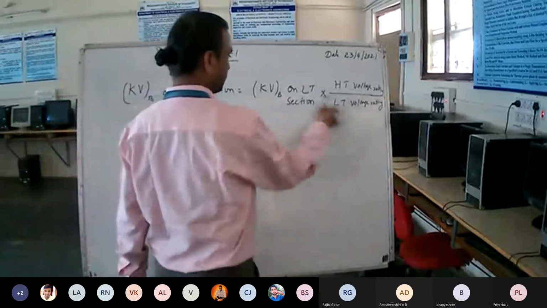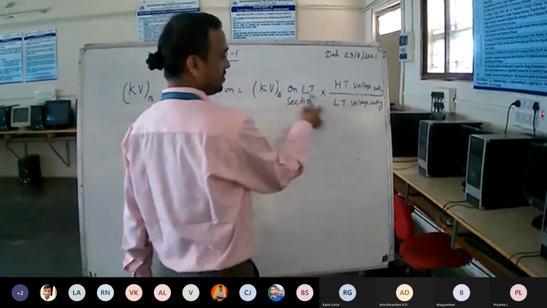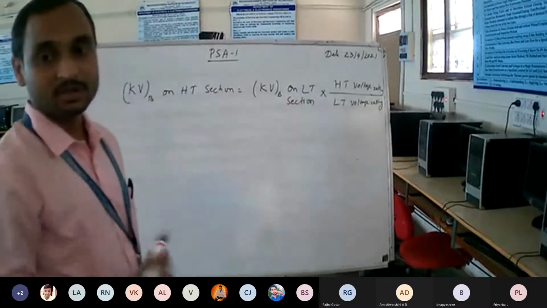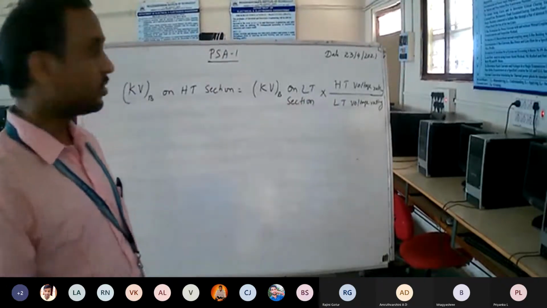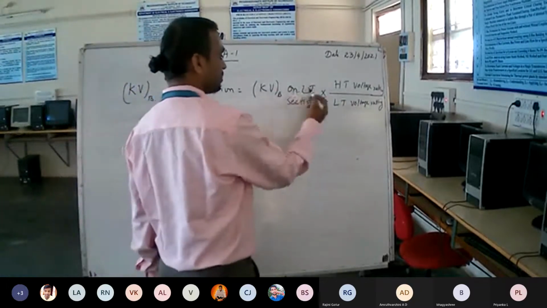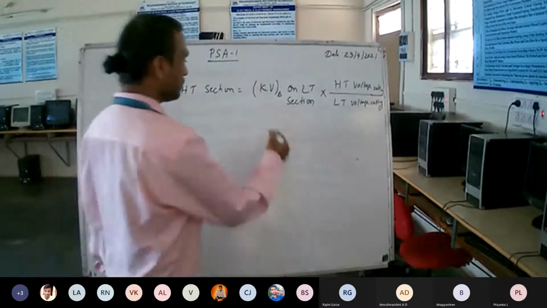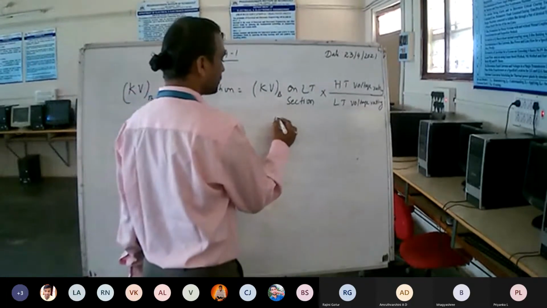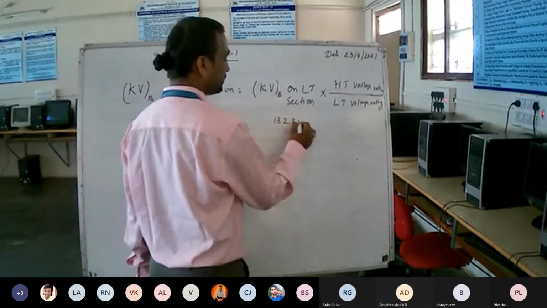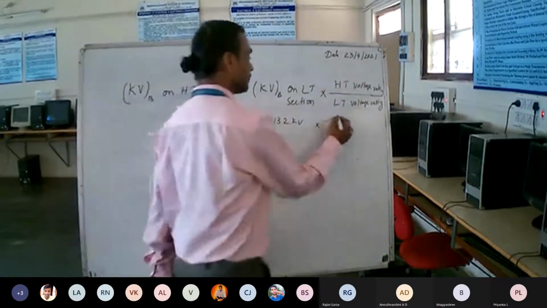The LT voltage rating and the LT section voltage rating sometimes may be equal or sometimes not equal. It depends upon the machine. The kV base on LT section is supposed to be the generator voltage rating.